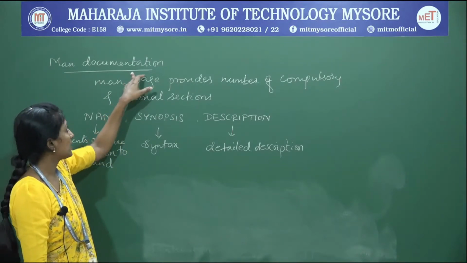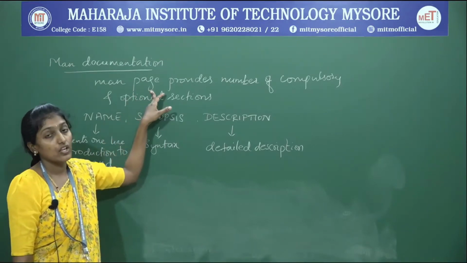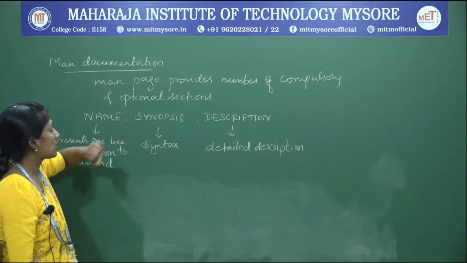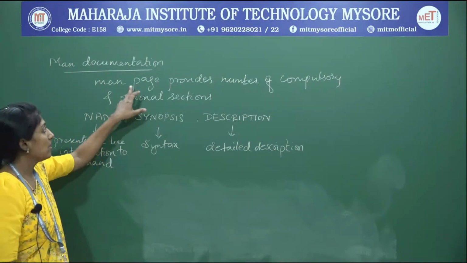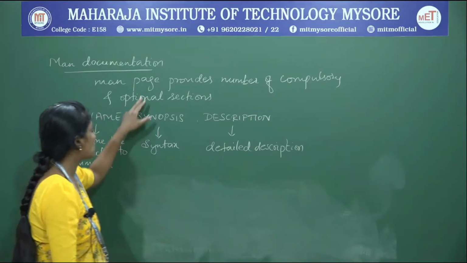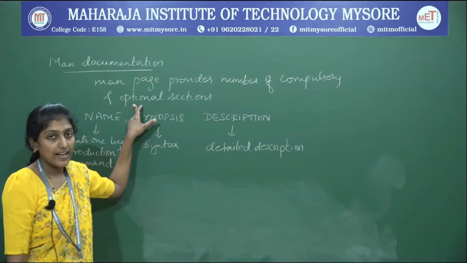That is why in Unix this is known as an online help for knowing more about Unix commands. So what does man documentation actually provide? We always refer to this as the man page. The man page provides a number of compulsory and optional sections, as I said.